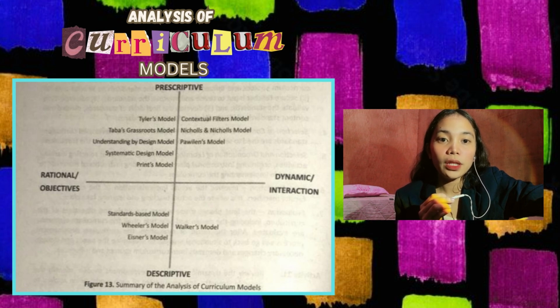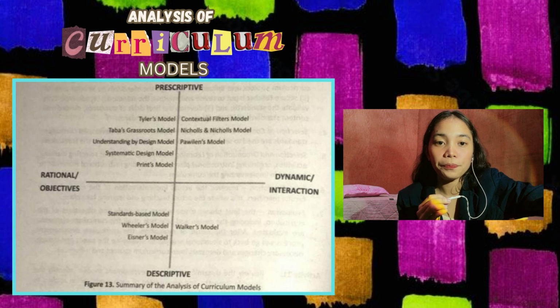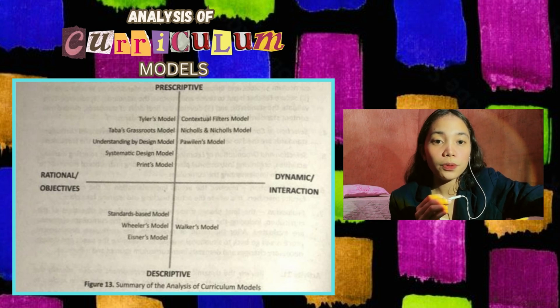Okay, so this is highly structured and easy to implement. So here naman sa descriptive models, makikita nyo dyan yung Walker's model na nag-focus more on the actual process of curriculum development in the real world, rather than imposing a rigid structure.